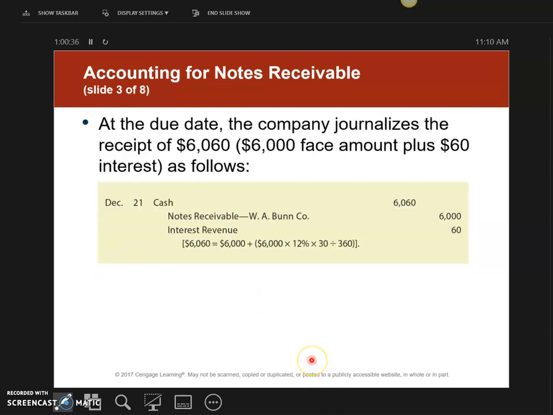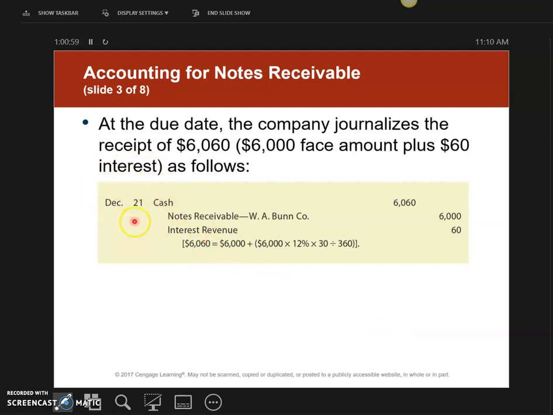So here's the journal entry for when I collect the money. So $6,000, so it's the principal times 12% times 30 days divided by 360. So $60 is interest revenue. I'm going to credit the notes receivable to wipe that off the books, and I get $6,060 cash.